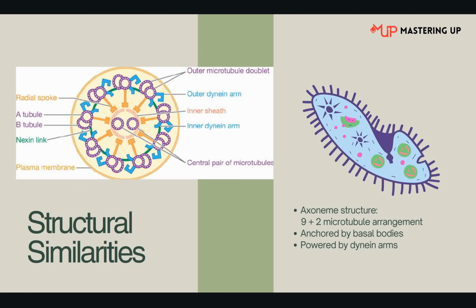Now let's see the structural similarities. Both cilia and flagella share a common design known as the 9 plus 2 microtubule arrangement. This structure includes 9 doublets of microtubules arranged around two central ones, anchored to the cell by the basal bodies.